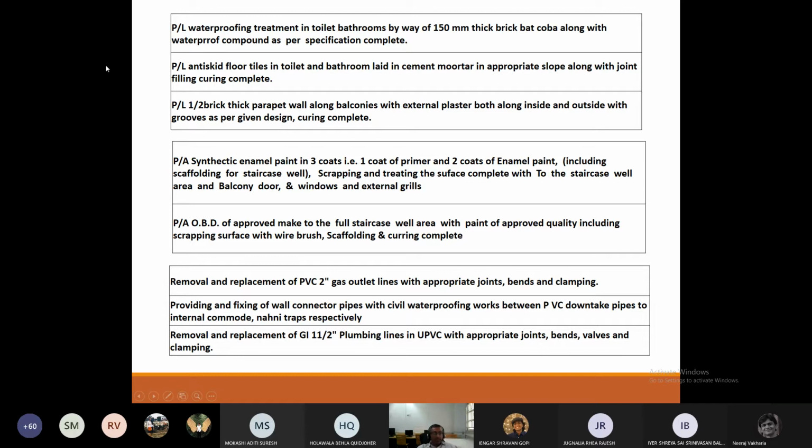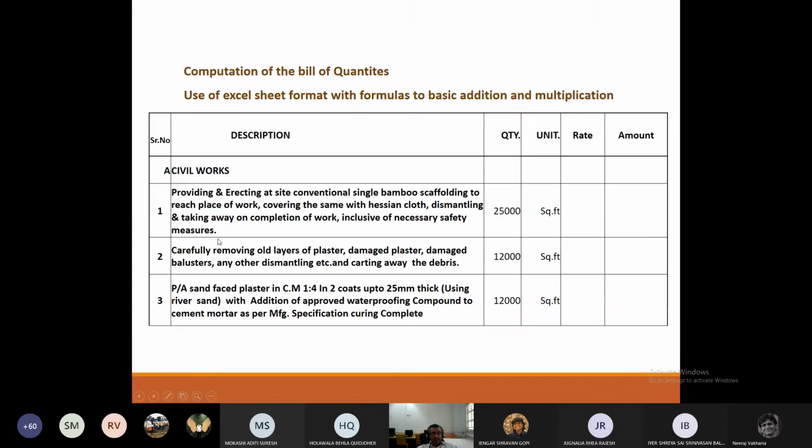So providing and applying synthetic enamel paint, 3 coats, of which 1 coat is a primer, 2 coats of enamel paint, including scaffolding for the stack as well, scraping and treating and surface complete, to the staircase well, balcony, door, window, grills, things like that. So that's the kind of specification.